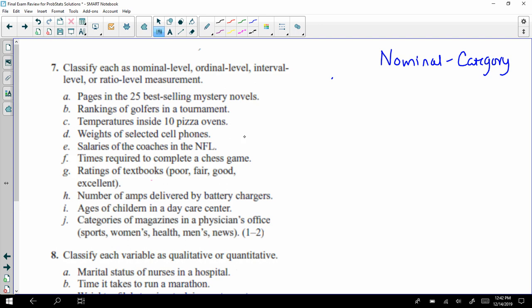Pages in the 25 best-selling mystery novels: we have interval or ratio. This would definitely be ratio because there's a true zero. If we have 0 pages, that means there are no pages in the book. Rankings of golfers in a tournament, that's easy, ordinal level, okay?